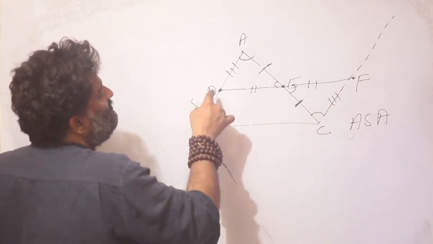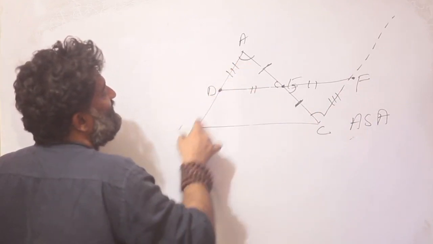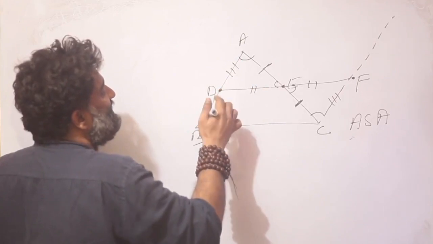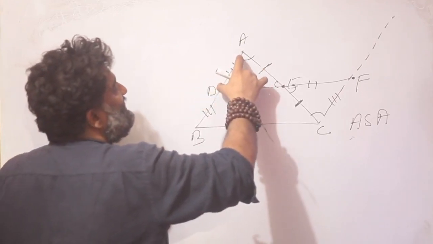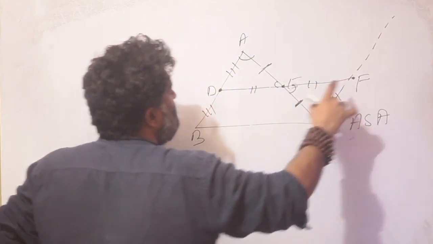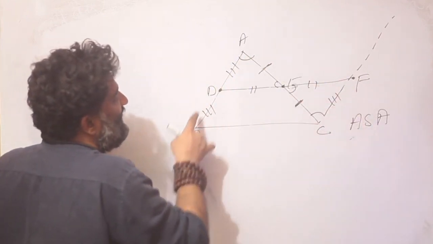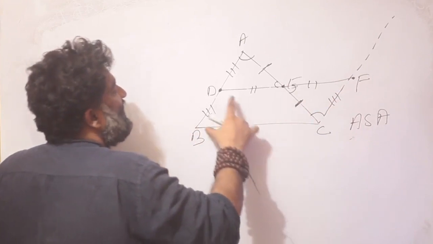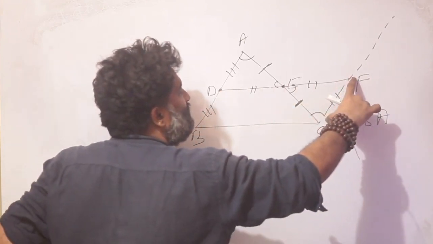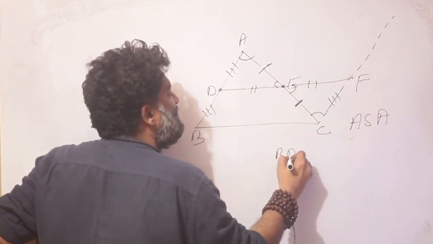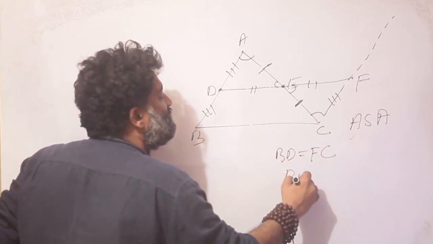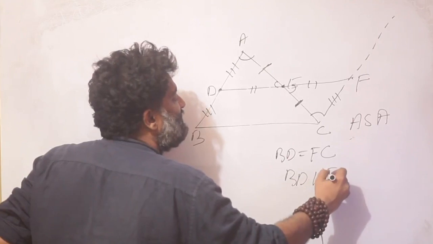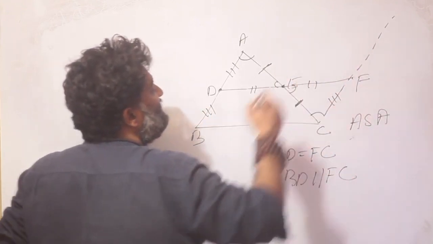I also know because D is the midpoint of AB, AD is going to be equal to DB, so DB is equal to DA. And now I am saying DA is equal to CF. So if I look at this figure, I know BD is equal to FC, and I also know that BD is parallel to FC because that's how we created the line.